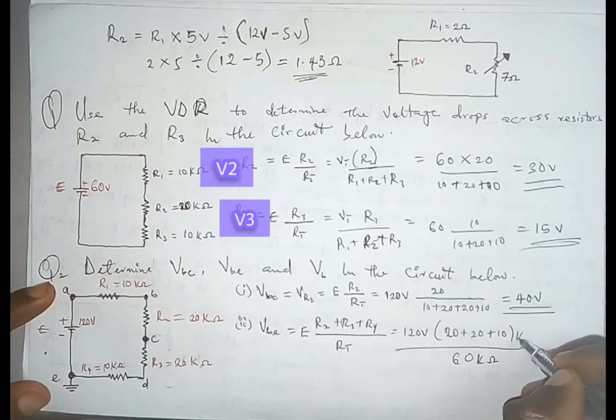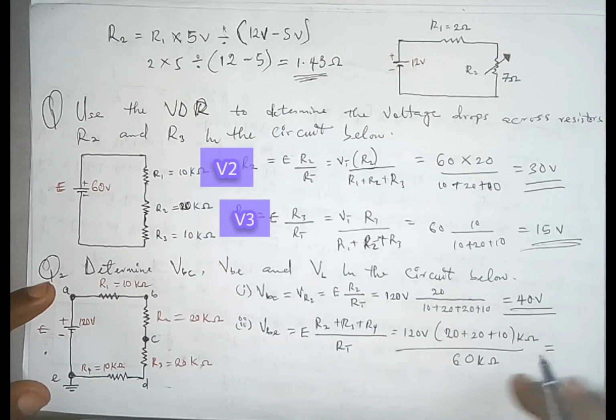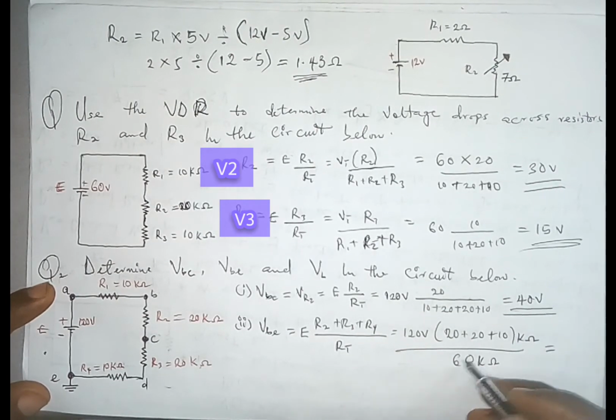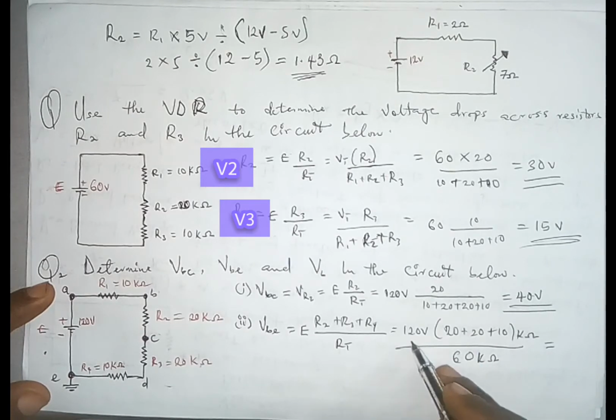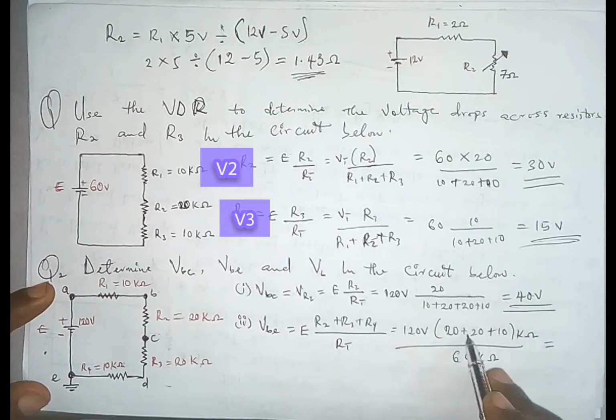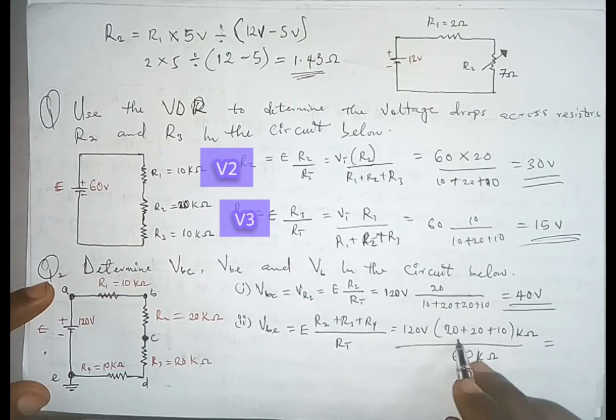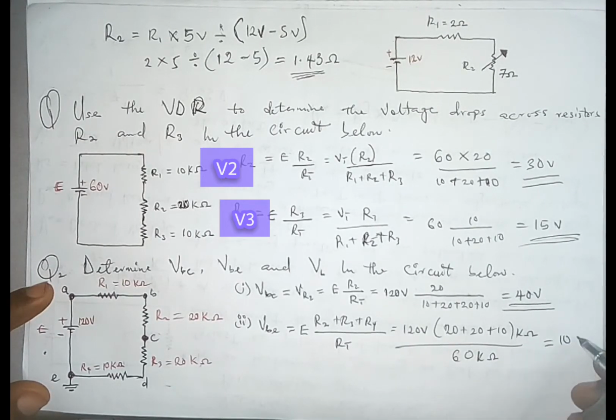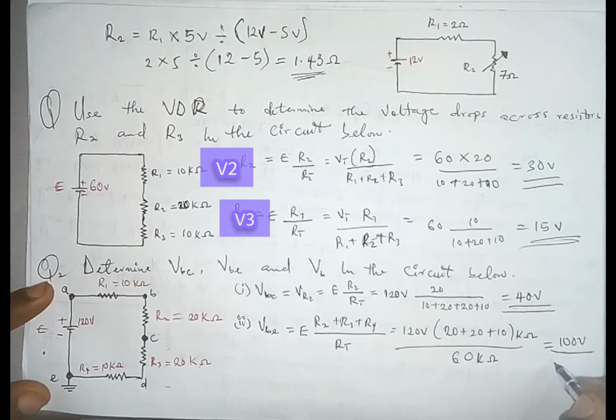These are also kilo ohms, so they cancel. Then 120 over 60 is 2, and 2 times 50 is 100 volts. So that is what we are going to have there.